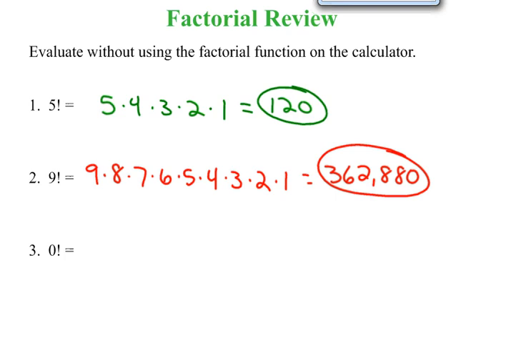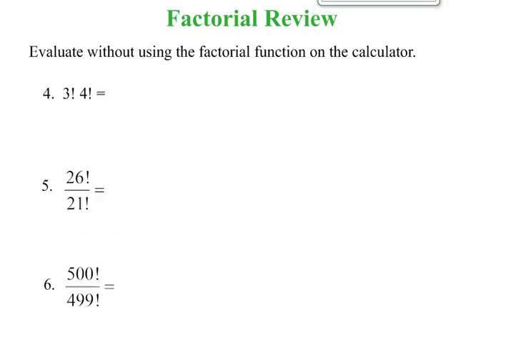In number 3, 0 factorial always equals 1. All right, a couple more here. In number 4, we have 3 factorial, 4 factorial. This means 3 factorial times 4 factorial.